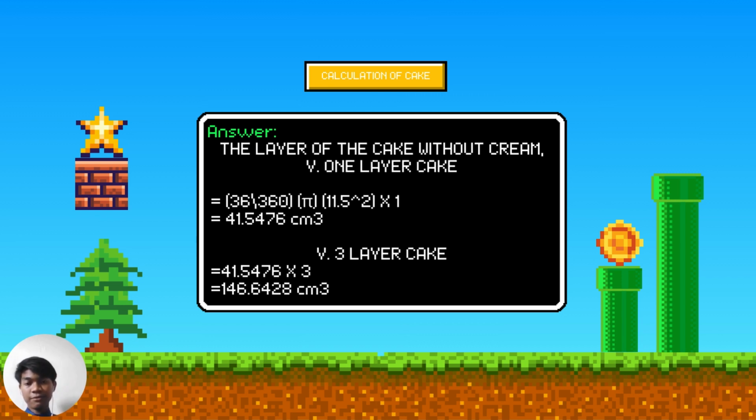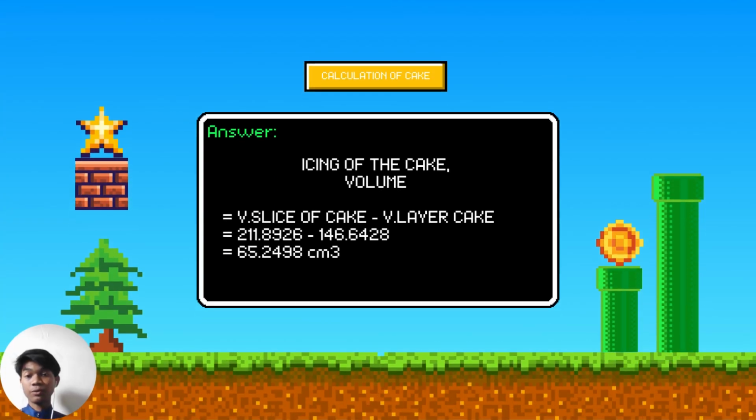And also we have 3 layer cakes. So we just times the answer above by 3, and the final answer we will get is 146.6428 cm cube.